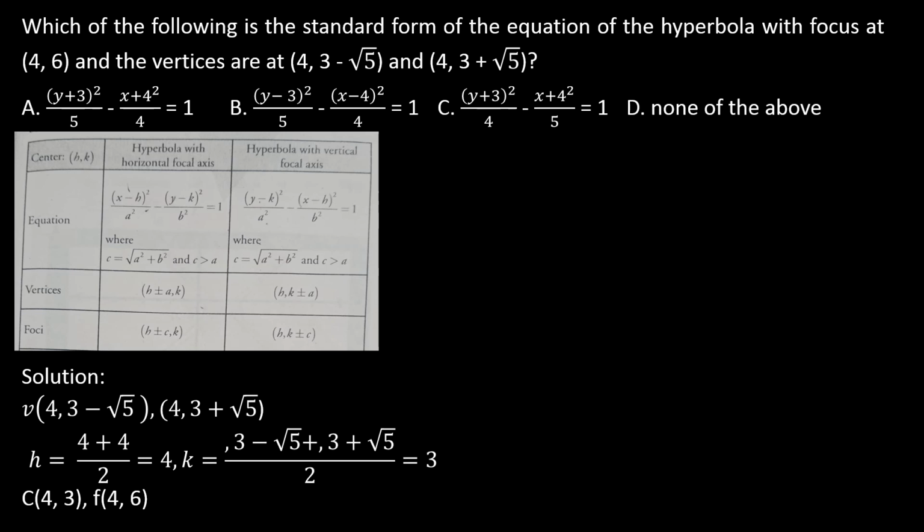So obviously, it is the second equation: the quantity of y minus k to the power of 2 over a squared minus x minus h to the power of 2 over b squared equals 1.